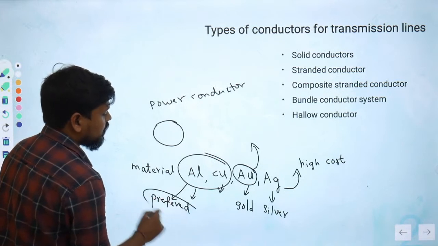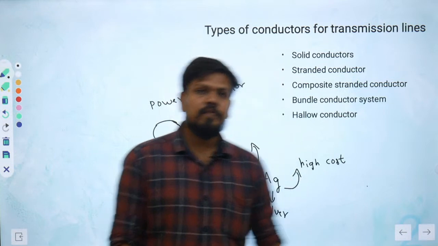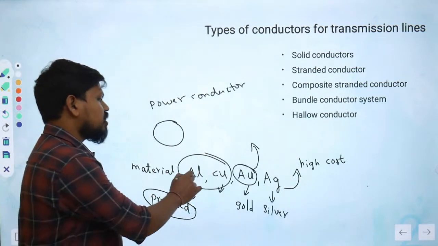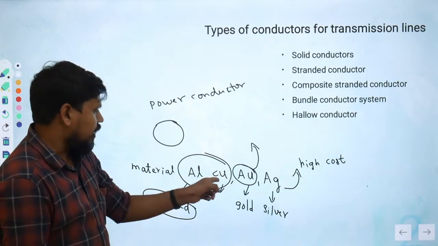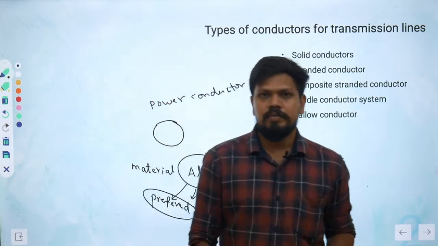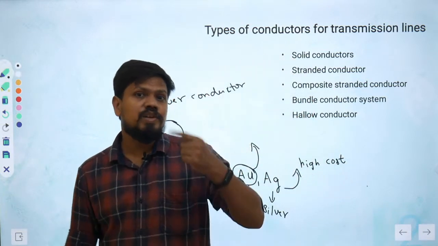Why aluminum is preferred means there are some advantages we will be getting. Whenever you use aluminum, the resistivity of aluminum is greater when compared to the copper conductor. Whenever resistivity is more, losses will be more.